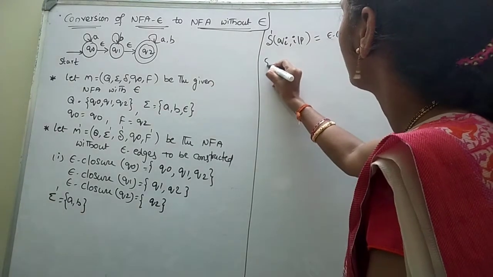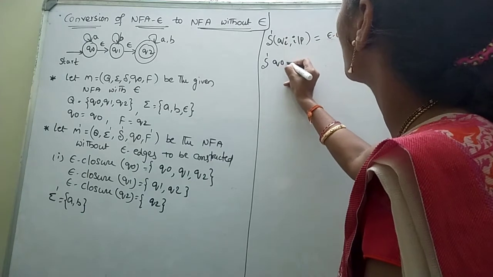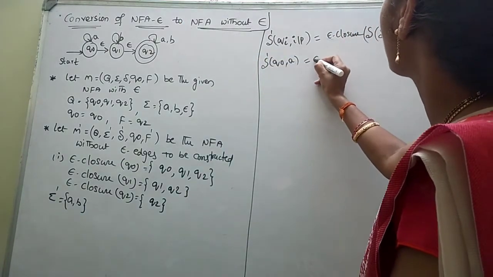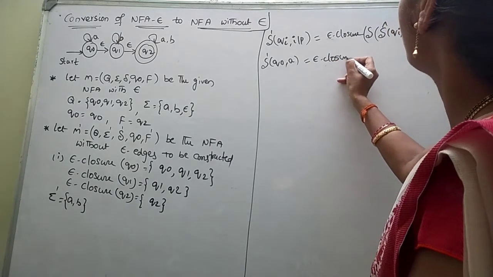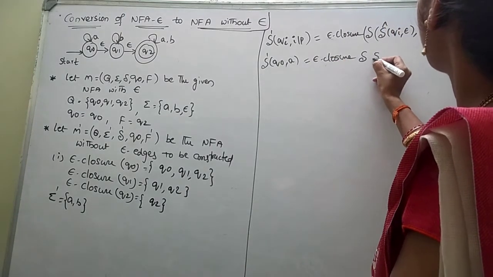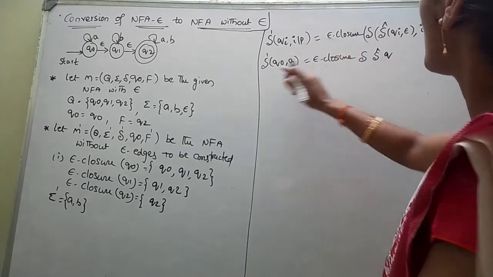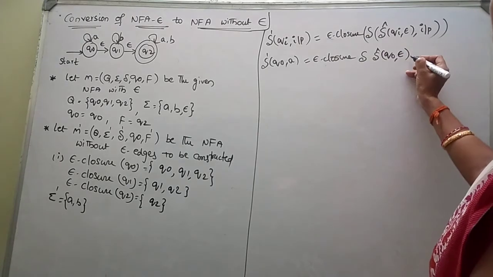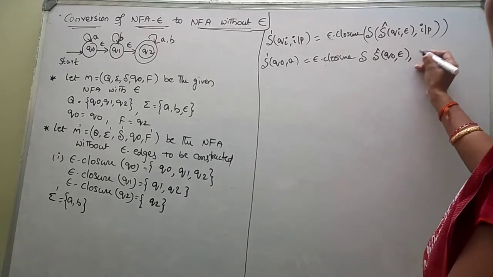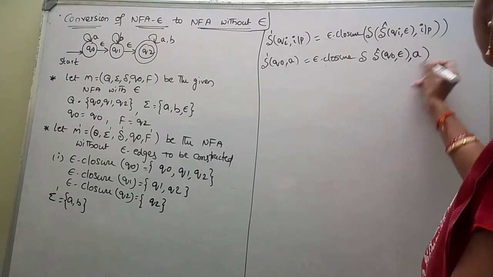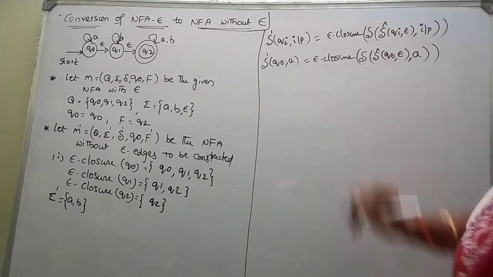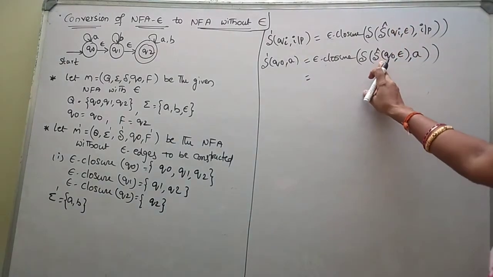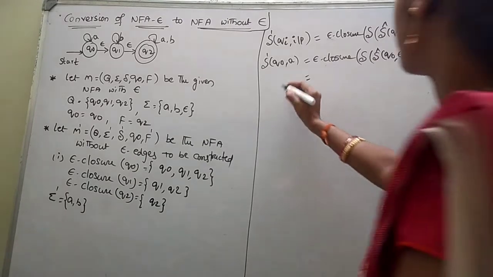Now delta dash of the initial state q0 and the first input symbol a can be written as epsilon closure of delta cap of q0 comma epsilon, first we need to compute this, and later the input symbol a. Right? Now what is meant by delta cap of Qi comma epsilon?